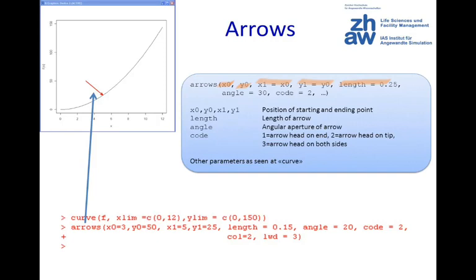You can also define the angle, here 30 degrees, that describes the angular aperture of the arrow, and the code, the last one here, can be used to say either you want to have the head on the end, you want to have the head on tip, or you want to have an arrow with head on both sides.